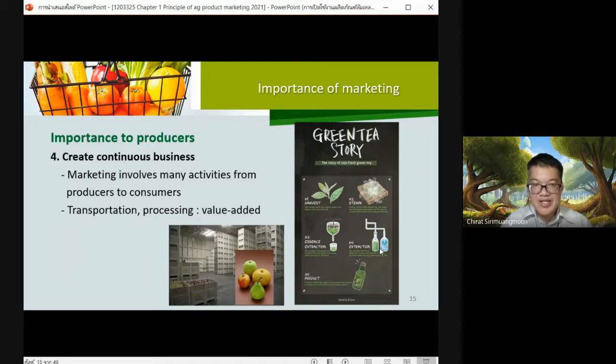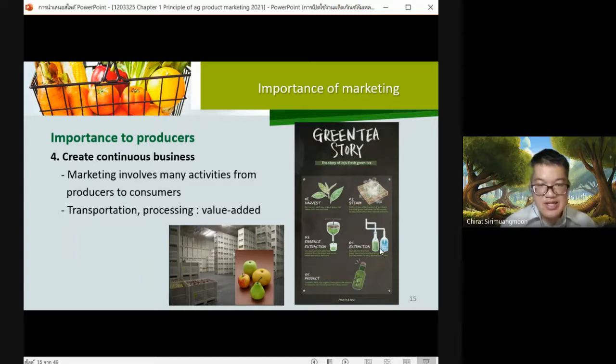During this process, marketing gets involved and creates the chain process. Like here, marketing is involved in many activities from the producer to the consumer, and it is linked to transportation, processing, and value added.